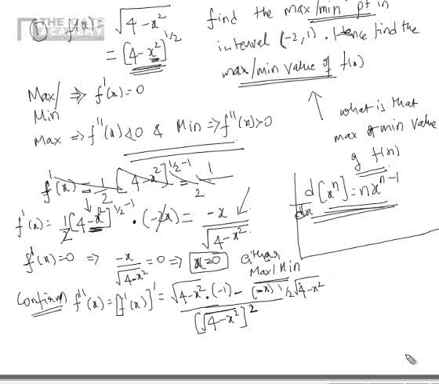I have to differentiate this, that is the whole power minus 1 by 2 I will get if I differentiate, into minus 2x, correct? This is what I will get if I apply quotient rule. This is minus x. This is what I will get. There is no root over here.